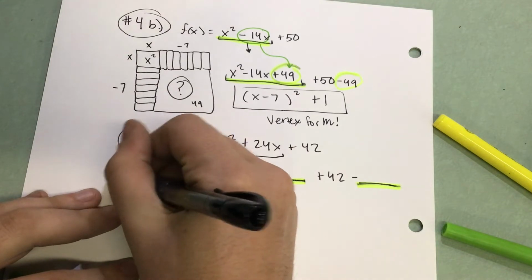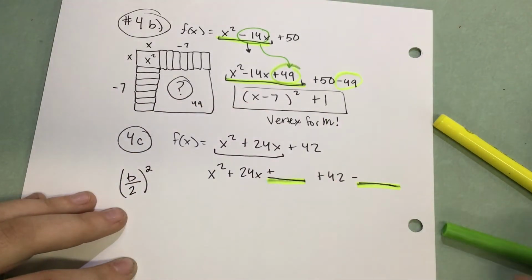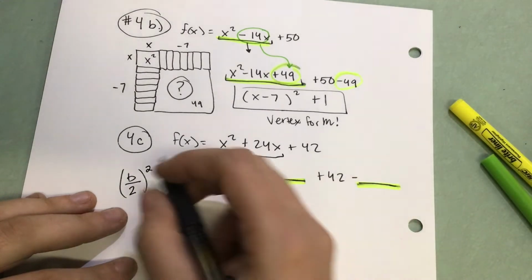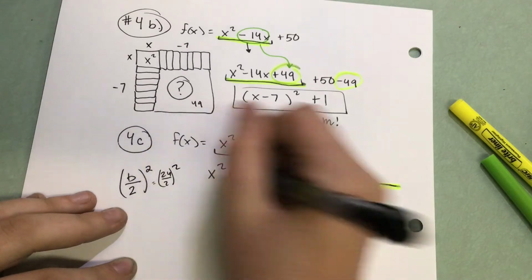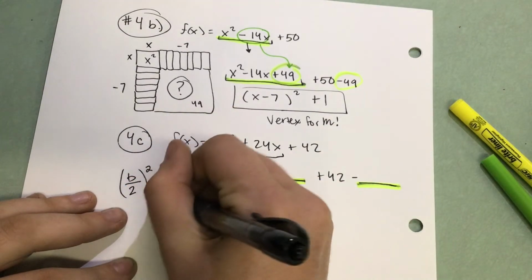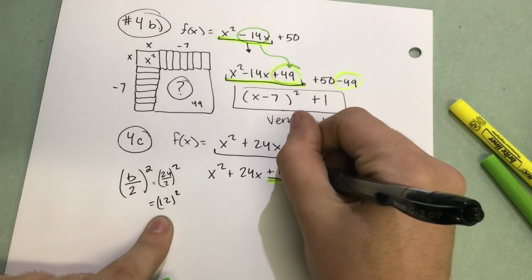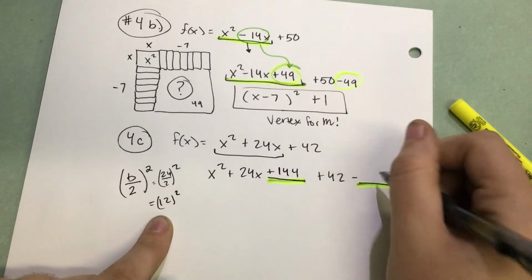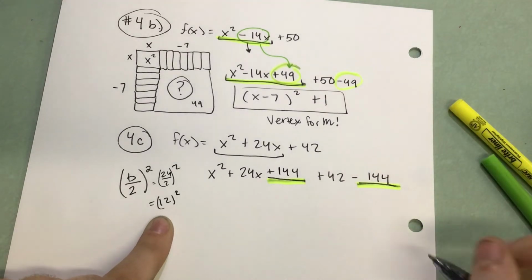So we're going to take the b value, cut it in half, and then raise it to the power of 2. So that would become 24 over 2 squared gives me 12 squared. 12 times 12 is 144. If I minus it on the other side, I'll keep my equation balanced.